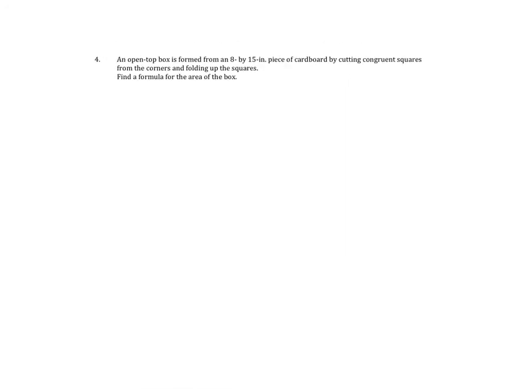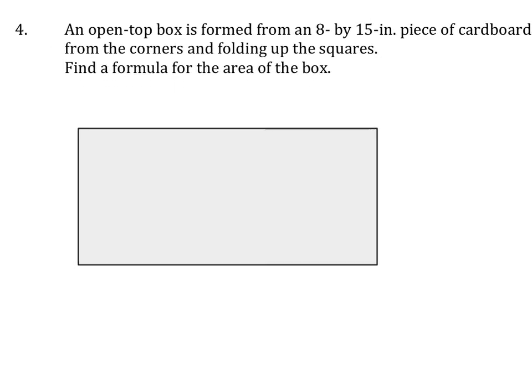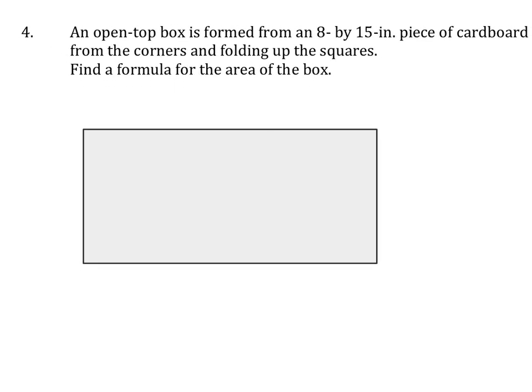Okay, next one: an open top box is formed from an 8 by 15 inch piece of cardboard by cutting congruent squares from the corners and folding up the sides. I did kind of the tougher one in class, I think. So here, there's a rectangle, and then we're going to cut out little squares.